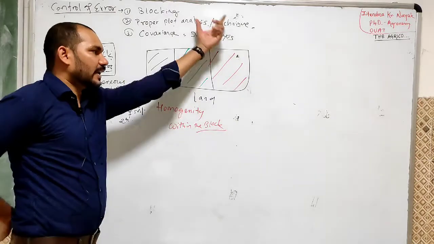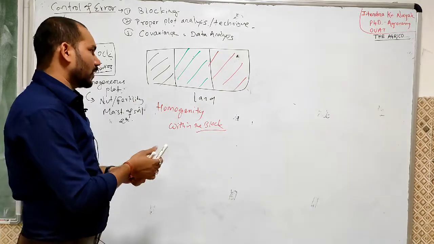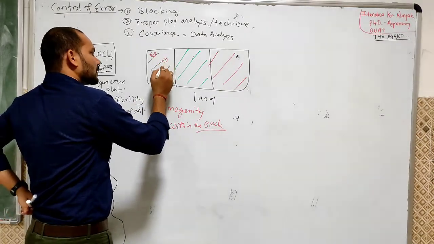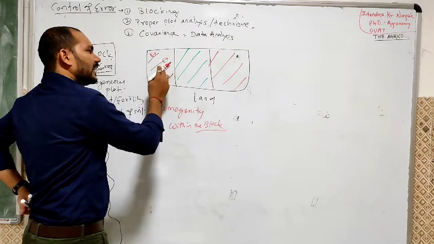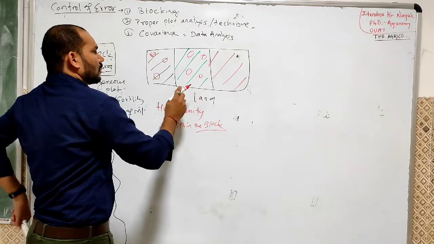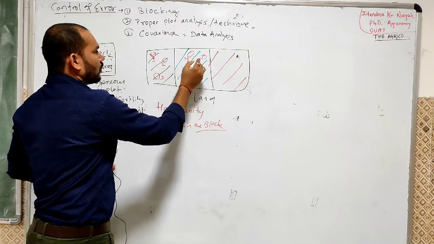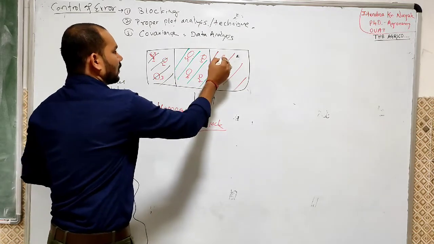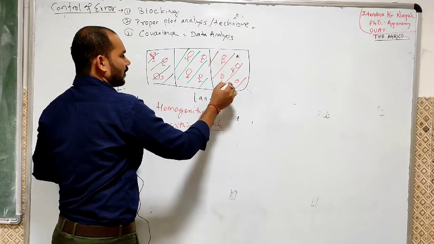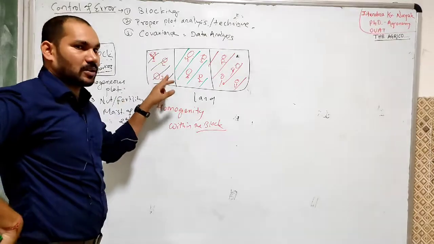Blocking means the total land. Say the fertility of the soil is the same at this place. Here I have points 1, 2, 3, 4, 5, 6, 7, 8, 9, 10, 11, and I have taken 3 spots here.